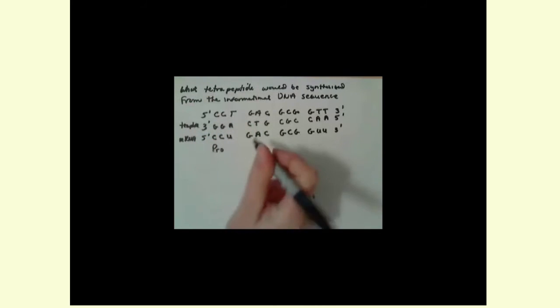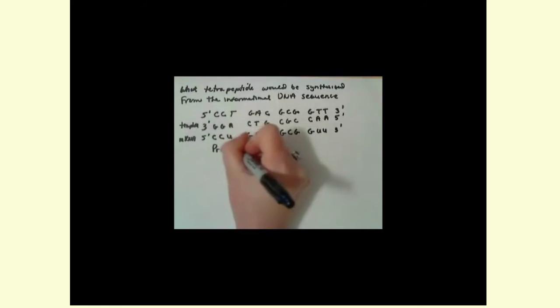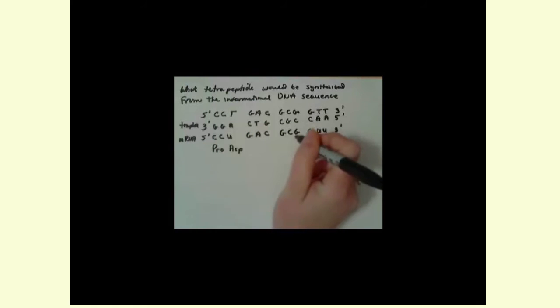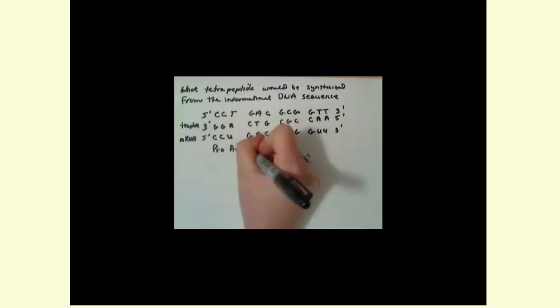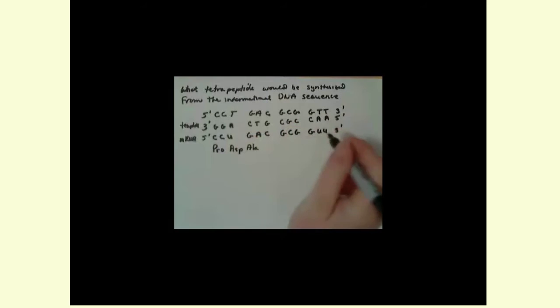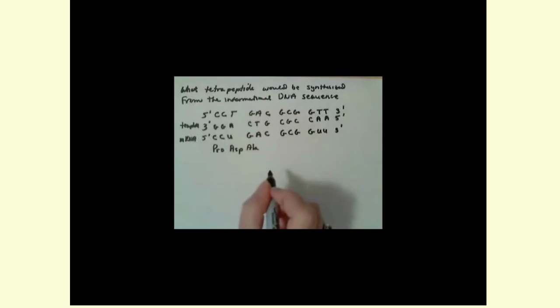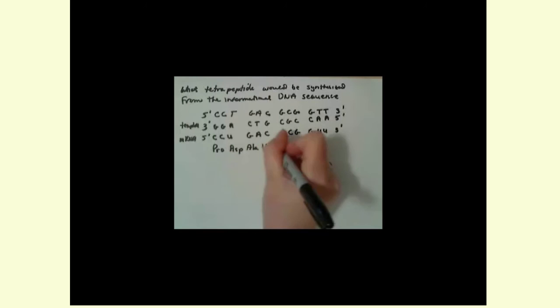Okay. And then I have GAC, so I looked that up. G, A, and C. I have an Asp. And then for GCG, G, C, and G, that's going to be an alanine. Okay. And then for GUU, that's going to be a valine.